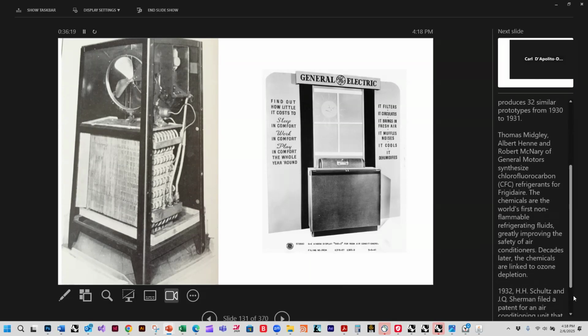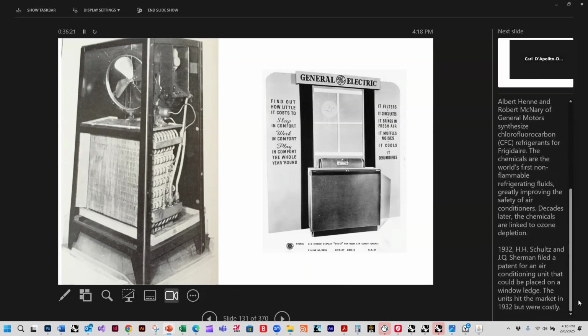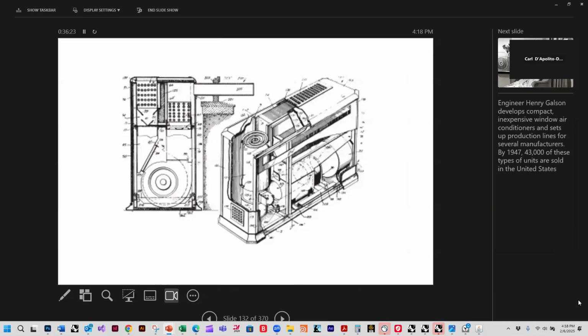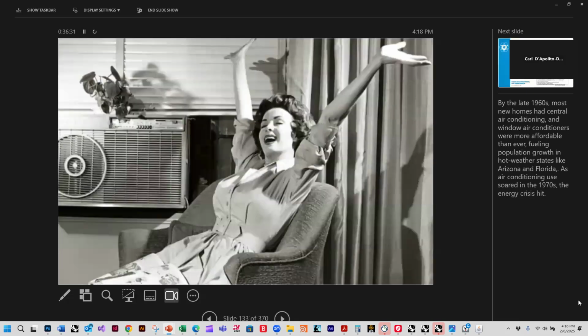And then in 1932, I think is when somebody made the first affordable one. And sort of by 1947, there were 43,000 air conditioners. This is the patent for one of the early ones. And in the 60s, there were all these ads like this about how you didn't have to be hot anymore.